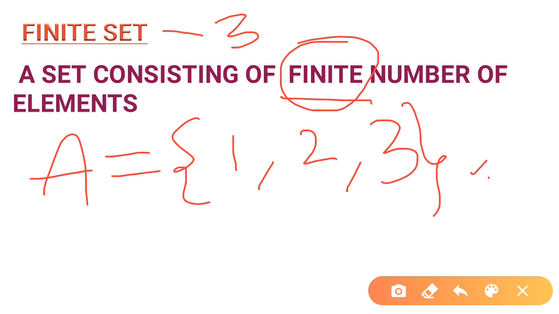If we put 3 dots after the elements, the dots indicate it goes on infinitely, so that is an infinite set. Okay, this is the third one, the finite set.